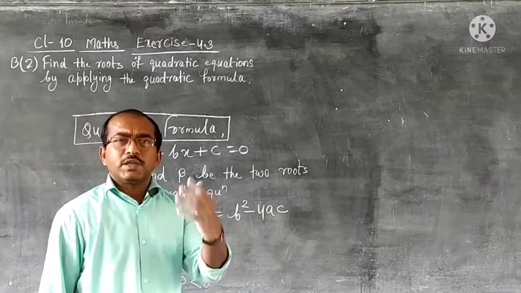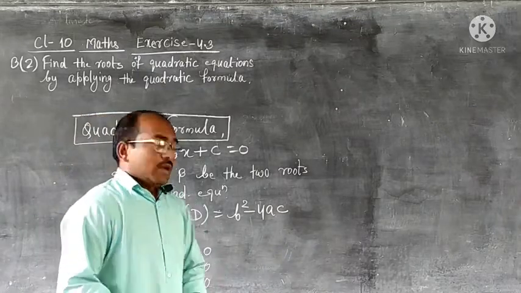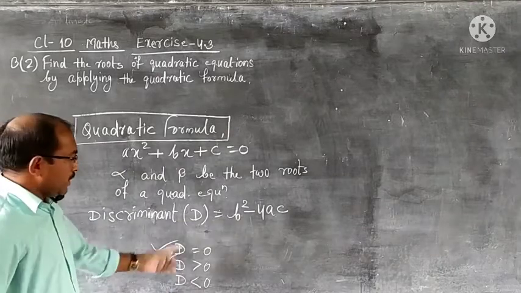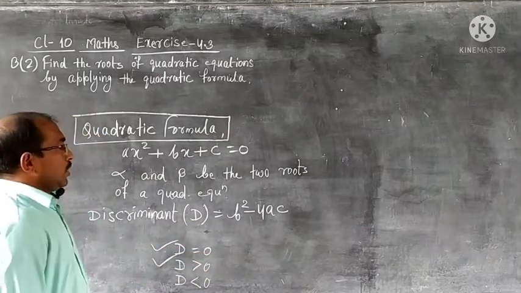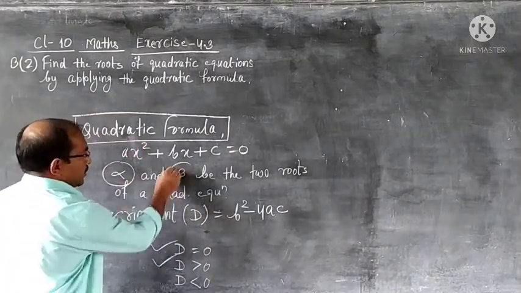No need to go further, because the roots do not exist. So, we will find the roots in these two conditions, when D is 0 or D is greater than 0. After this we need to find alpha and beta.